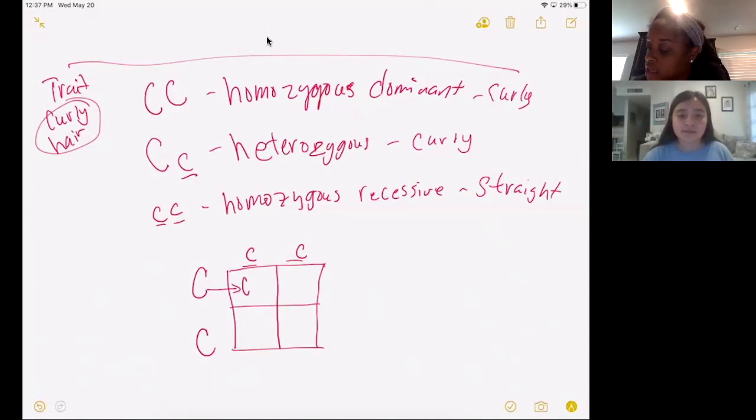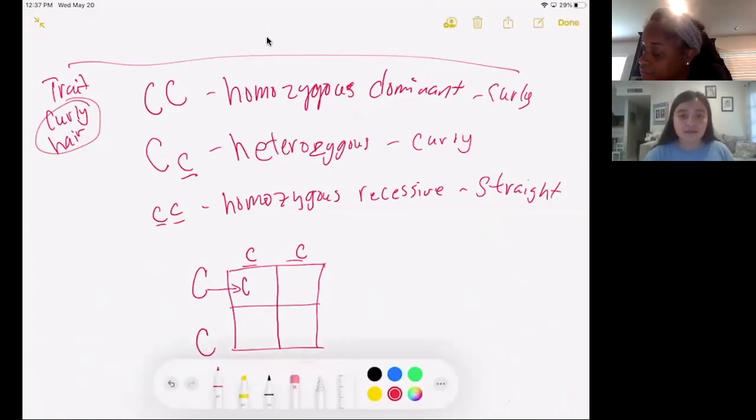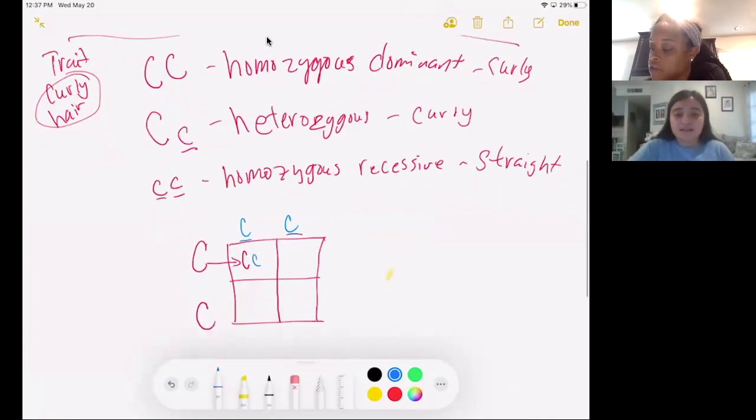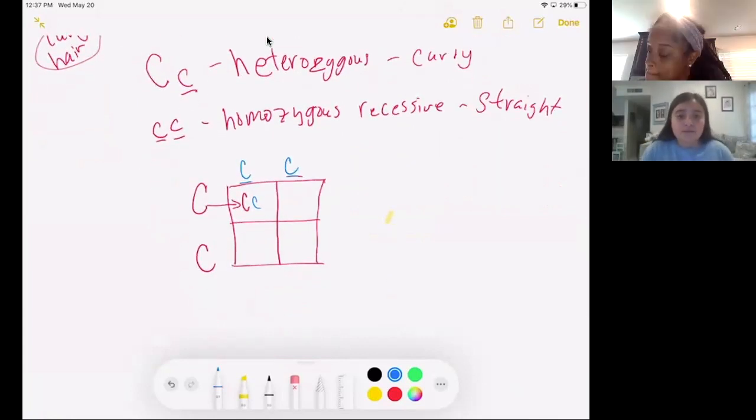That's a capital C. Let's make that a different color, since he's lowercase anyway. Okay, and then we bring dad down. Now we need to bring mom over again for that box and dad down.